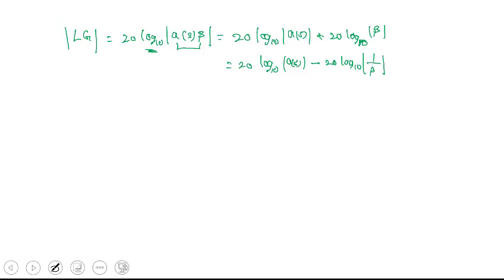Now what is this information that I have done here? This is the gain that we have for an open loop system, correct? So this is a factor that comes from the open loop transfer function. And what is this factor? This is a factor that comes basically from the closed loop. Now when I subtract these two quantities, what I end up with is a term that is equal to the loop gain.